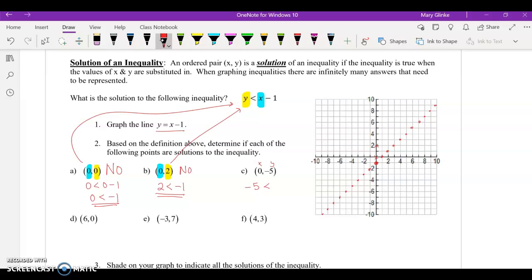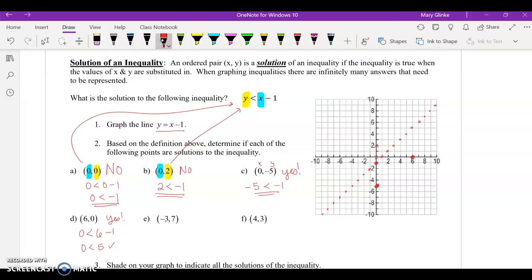I get -5 is less than -1. This is our first one where, yes, this is true. So 0, -5 works. How about 6, 0? Y is 0, x is 6, so 0 is less than 5. That is also a true statement. So 6, 0 works.